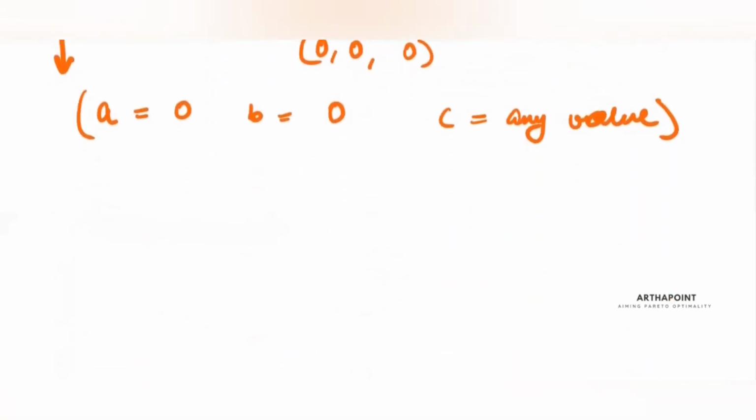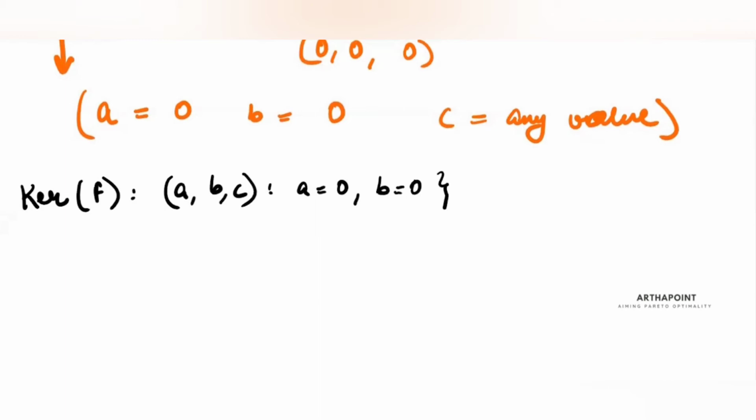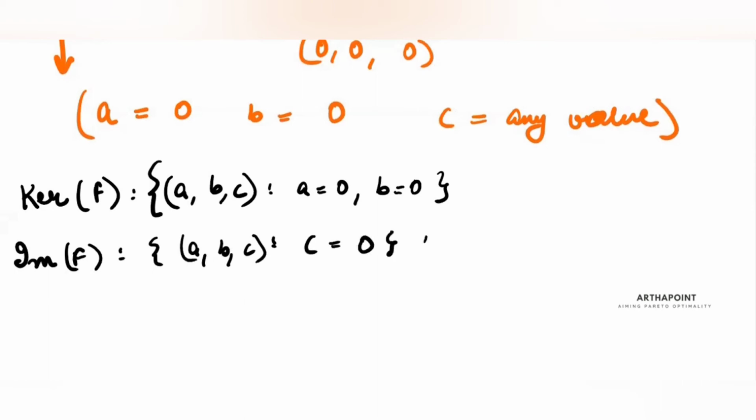So the kernel of the function is (a, b, c) such that a is 0 and b is 0, for any c. And the image of the function is (a, b, c) such that c is 0, which is nothing but the xy plane.